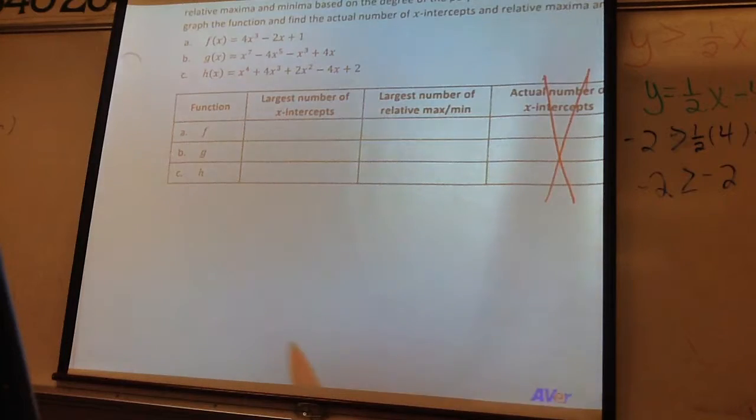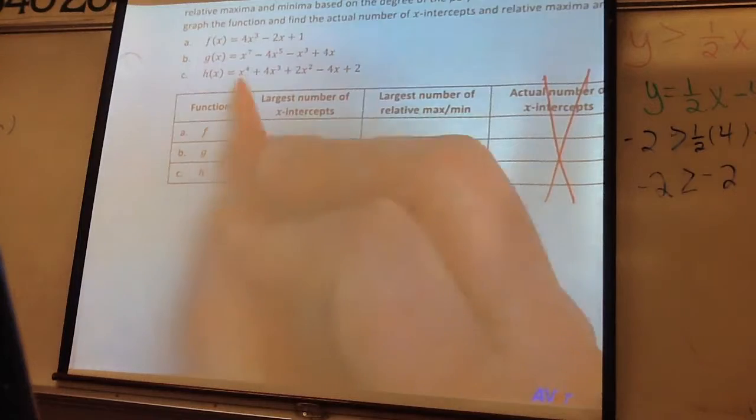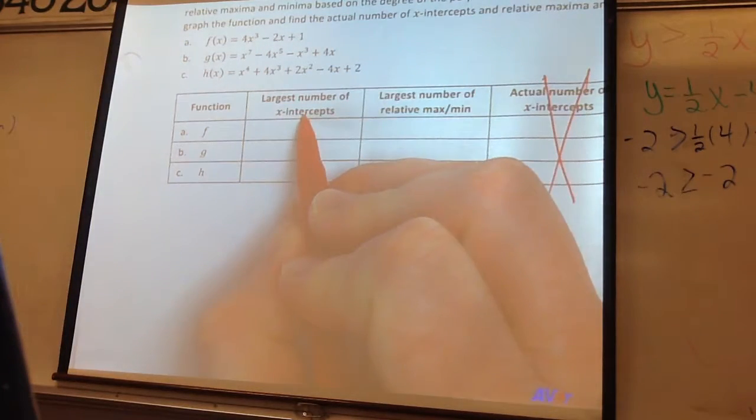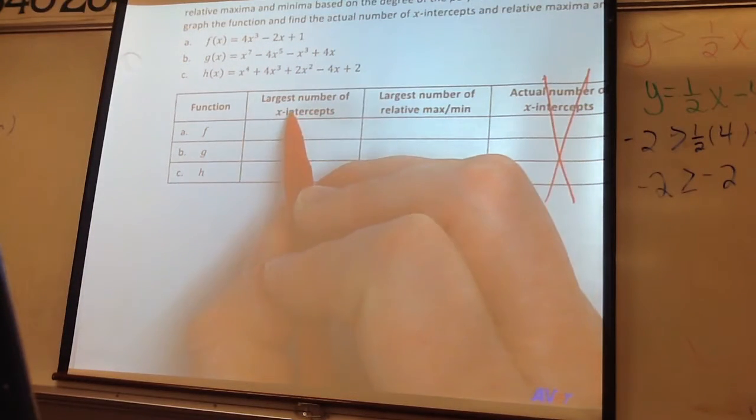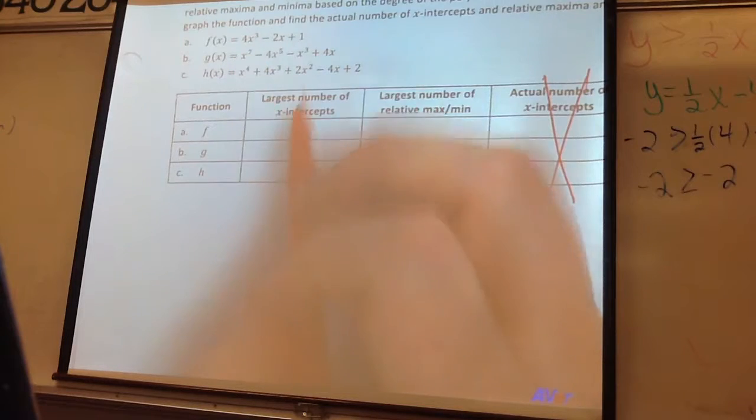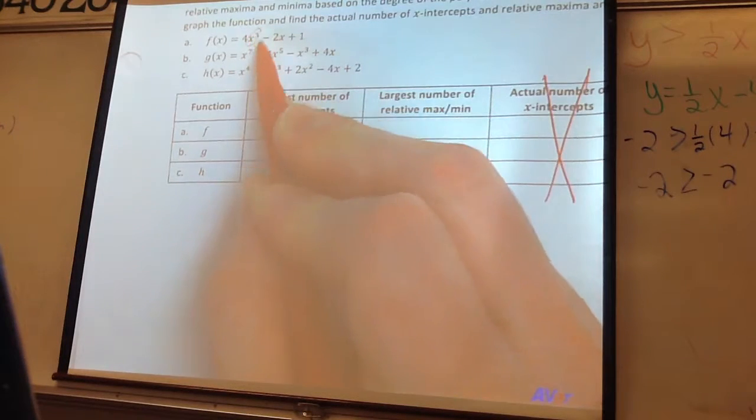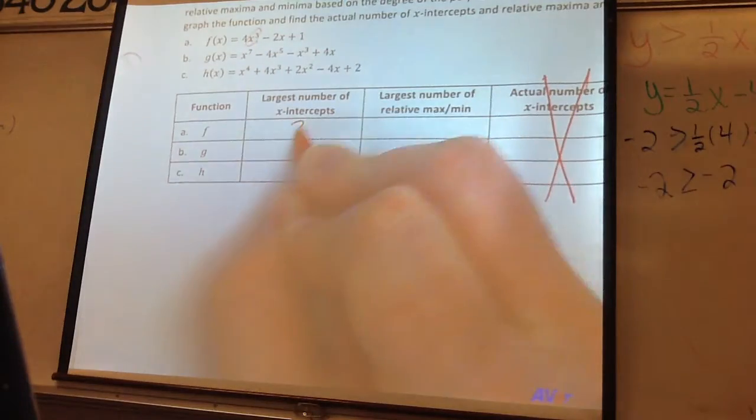Maybe not. I'll do one for you. F, what's the maximum number of x-intercepts? 4. Okay. It's actually 3. Look at the highest power of x only. 3.